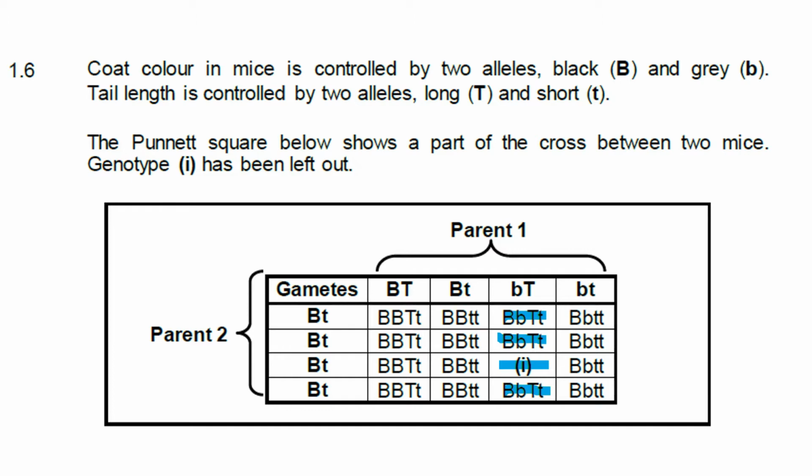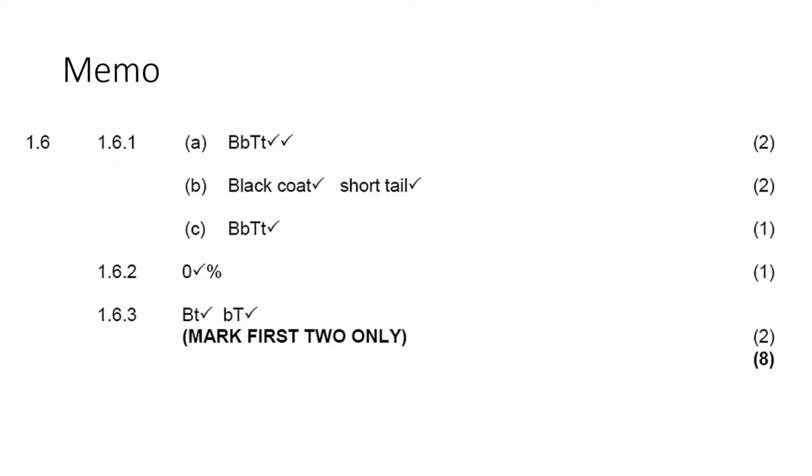That means that that gamete over there is a definite possibility, as well as any of these. And then since they're all the same, there are only two types, and that will be small letter b, capital T, as well as capital B, small t. Remember to separate your answers by enough space or by a comma or by something to indicate to the examiner that they're two separate gametes. And there you are.